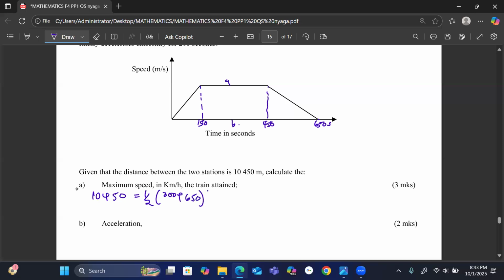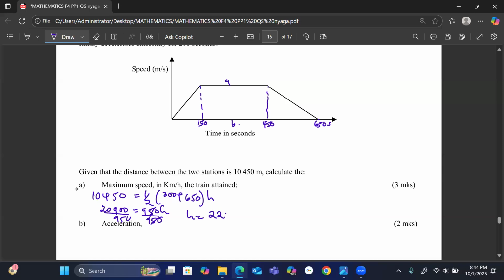Then the height, which is not given. So we equate, and we shall have 2,900 is equal to 950 H. And then we divide by 950, divide by 950. So H is going to be 22.